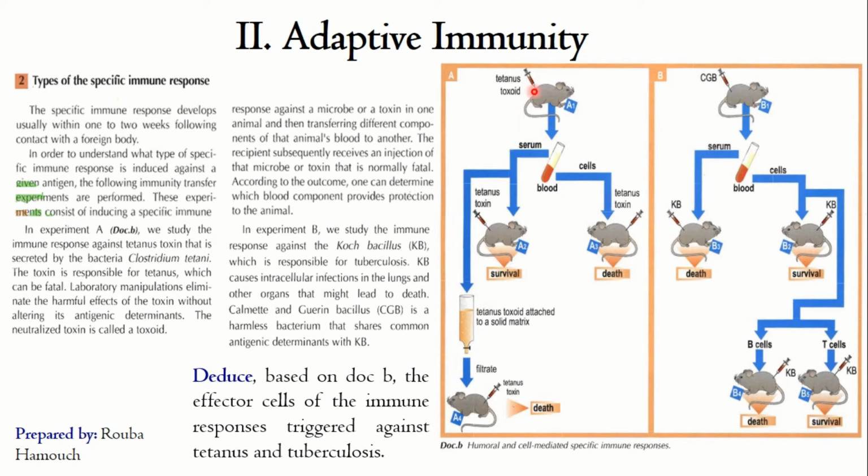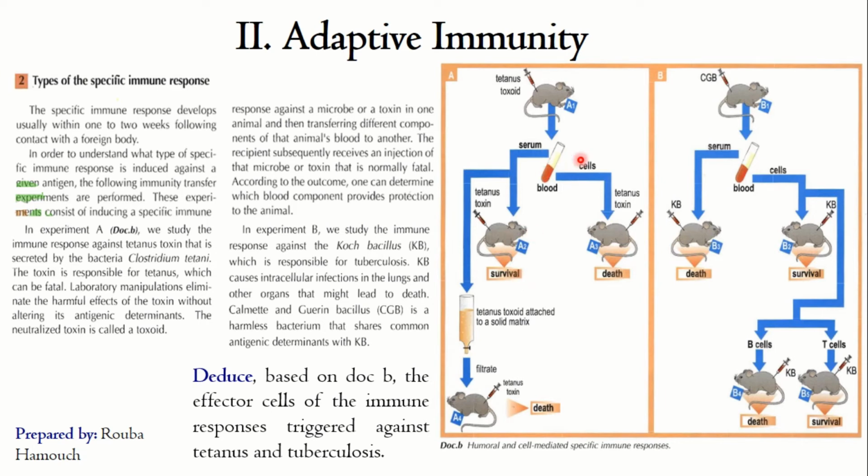Having a mouse A1 injected with tetanus toxoid, the blood of this mouse is extracted and divided into two parts, serum and blood cells. The serum was injected to a mouse A2 having received the tetanus toxin, which is harmful, but the mouse survives. It doesn't die.